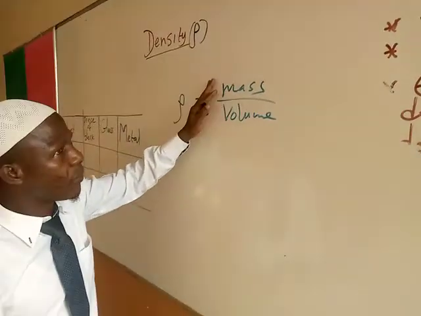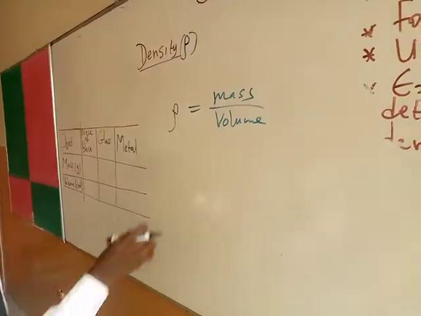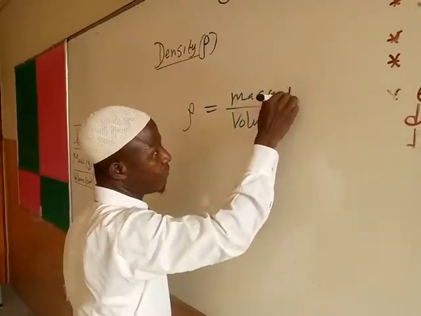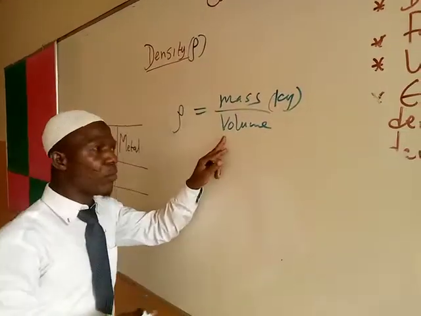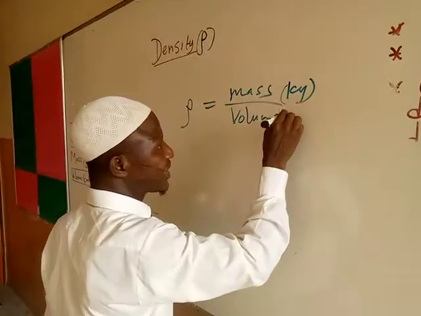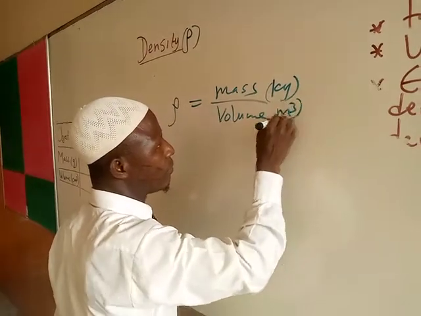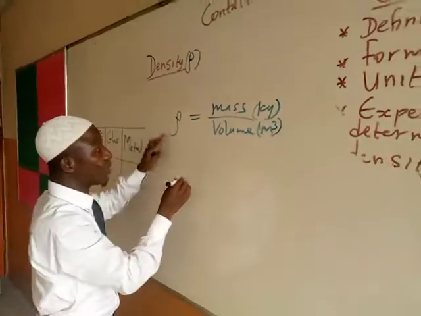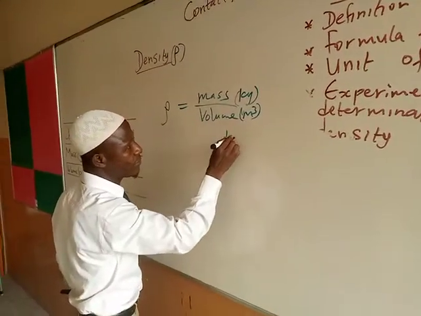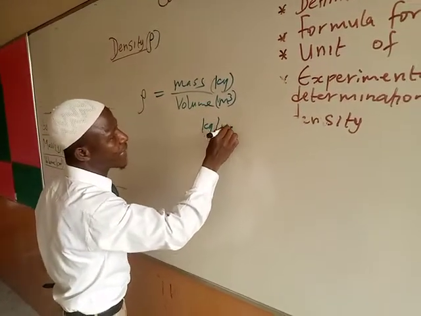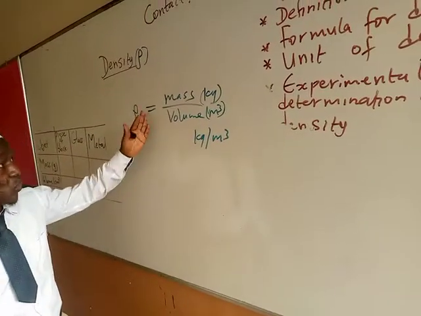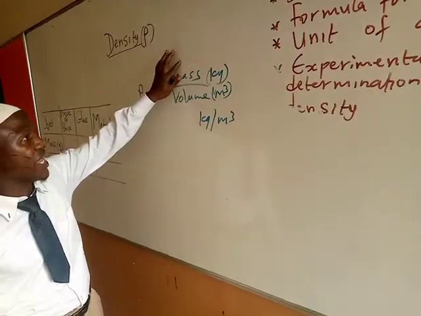Then from this formula we can easily derive the unit. If the mass is in kilogram, the volume must be in meter cube. Therefore, the unit of density will be kilogram per meter cube. It's not always so, sometimes mass can be in gram.